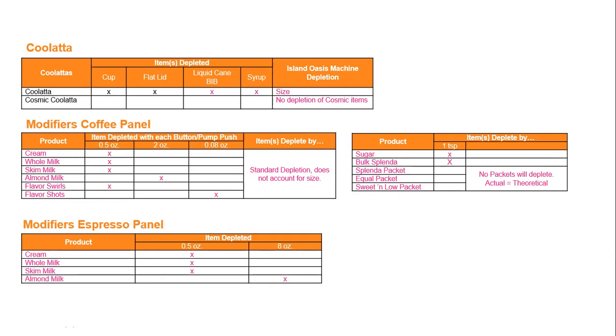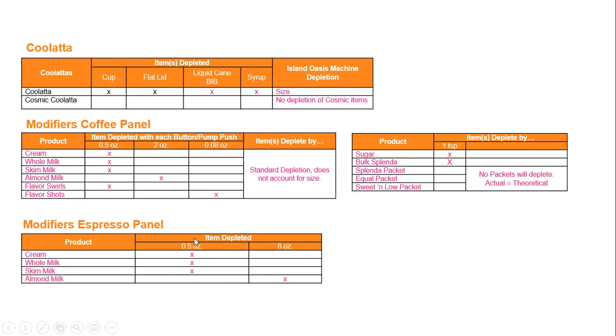So if you hit 2 sugar or 3 sugar, it's going to deplete each one of those teaspoons based on the number that you've entered. And then when it comes to packets, it will not deplete a packet. Actual will be theoretical. So basically, it's going to take that information that's been rung in or entered on your side into your inventory and assume that what you actually have is what was theoretically used.